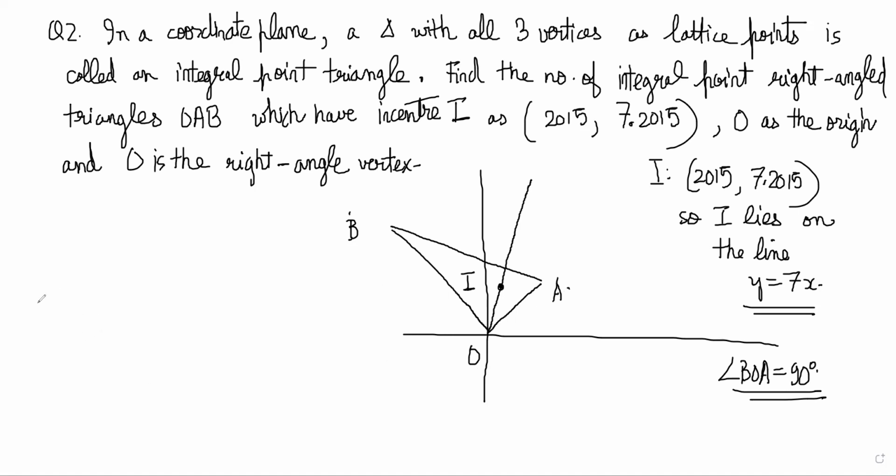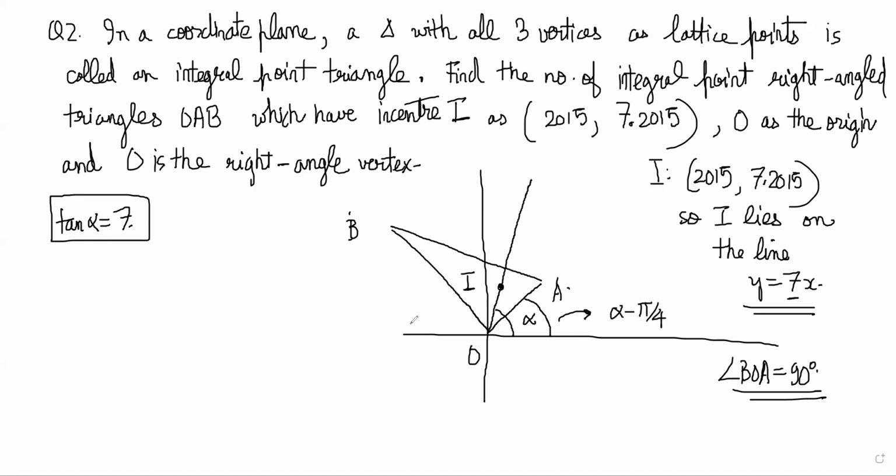So A and B have to be integers, right? Okay. So now we know that y is equal to 7x is the line for the incenter. Let's assume that this angle is alpha. So we know tan alpha must be 7 because the slope of that line is 7, right? y is equal to mx. If tan alpha is 7, what is the angle that the OA line makes? This line will make an angle of alpha minus pi by 4.